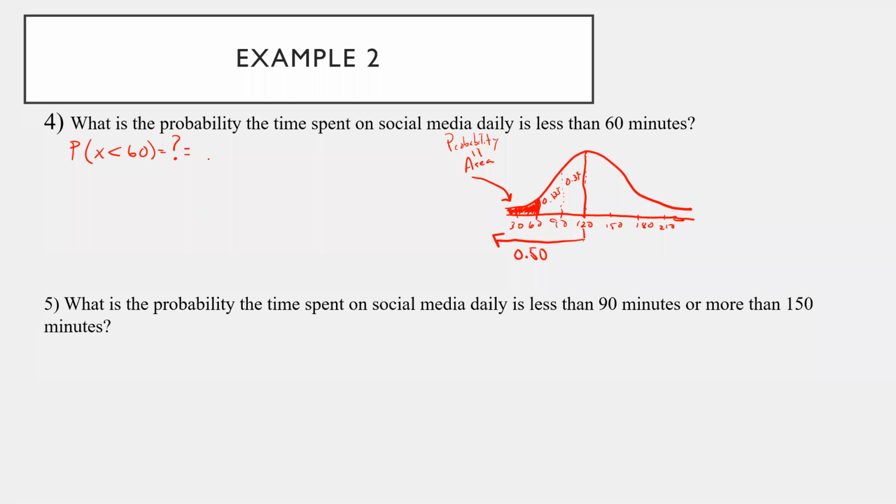Yep. So it'd be 0.50 minus the 0.135 minus the 0.34, which I believe if you do this correctly, well, I'll even grab my calculator for this.